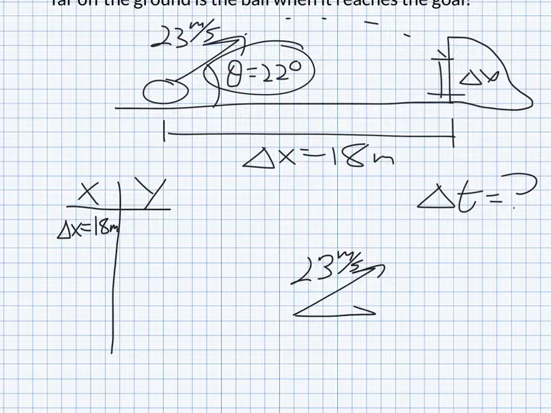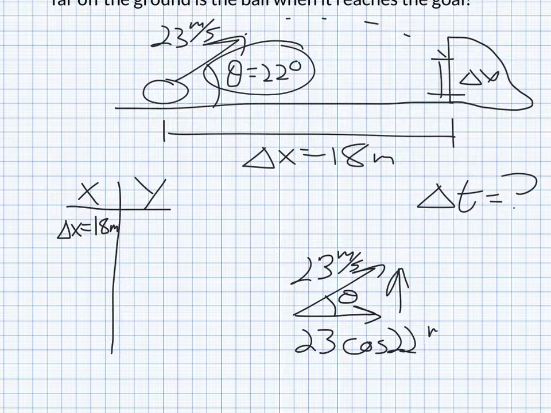It's going to have some forward and some upward velocity, and I'll make that the angle theta, which we know is 22. The horizontal is the cosine because it's adjacent to that angle, so this is 23 cosine 22 meters per second. And upward is the sine because it's opposite, so that would be 23 sine 22 meters per second.